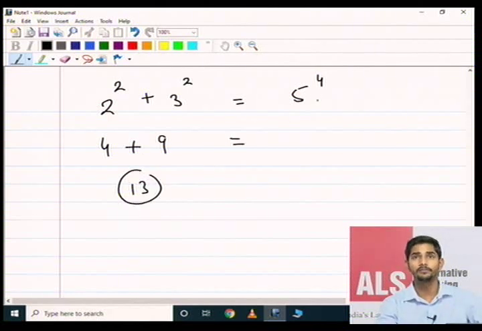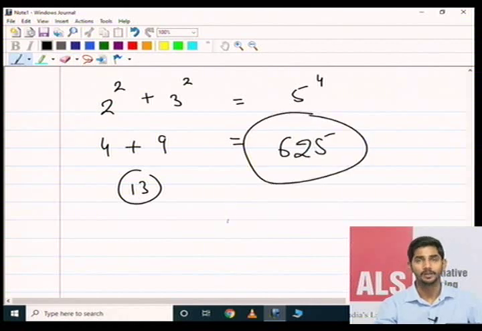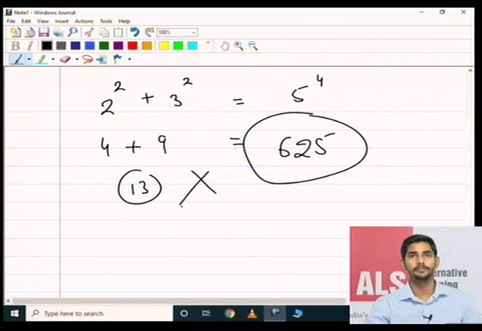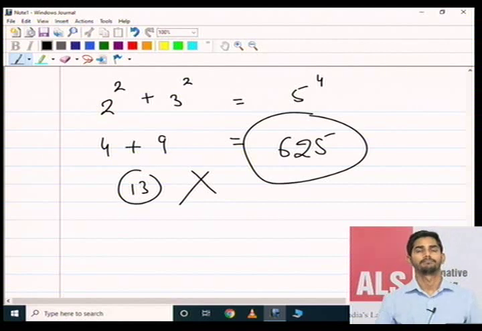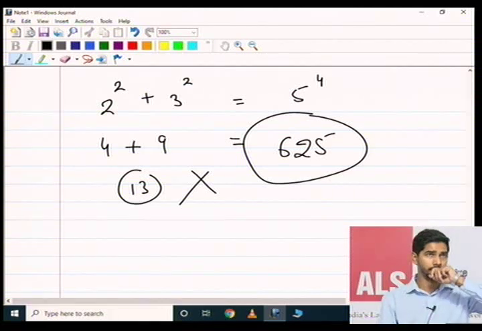Whereas 5 to the power 4 is 625. There is no relation between these two. We can't write that. So that answer is not correct. Someone said 5 to the power 5. No, that's also the wrong answer.